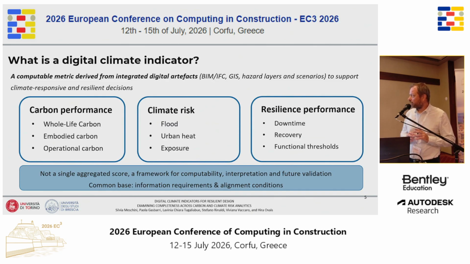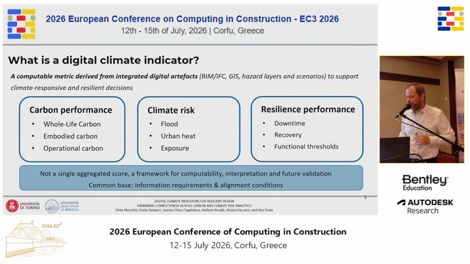A digital climate indicator, from our point of view, is not an additional score or an additional index, but a framework whose target is to harmonize the sources of information in order to allow the computability, the interpretation, and the validation of the index. So the idea is to have a sort of common information base that we can use to take the right decision from the point of view of carbon assessment, climate risk, and resilience performance.